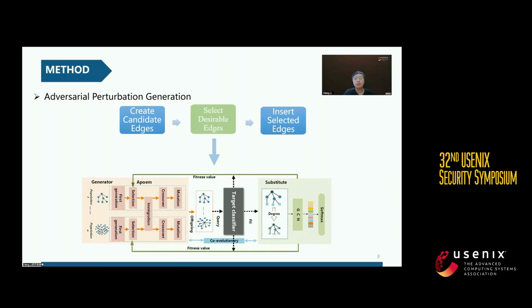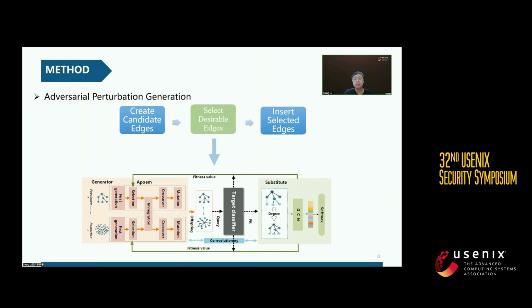Now we answer the question of how to select desirable edges from the candidate edges. Following the architecture of generative adversarial network, our method adopts a generator and a discriminator that are cooperatively trained. The generator is responsible for generating the new edges that need to be added into the FCG.